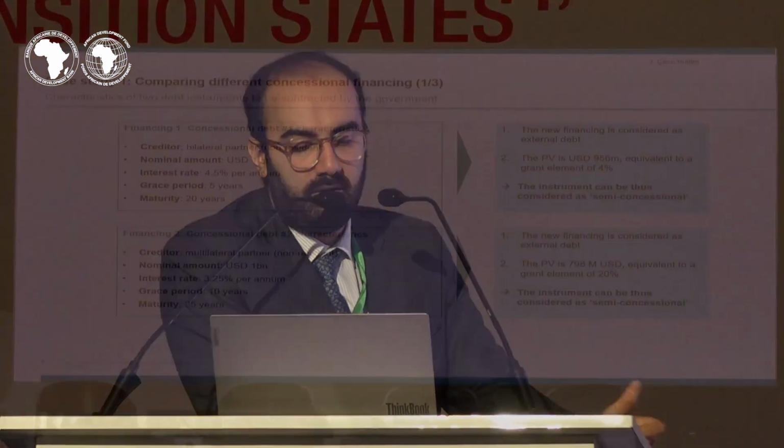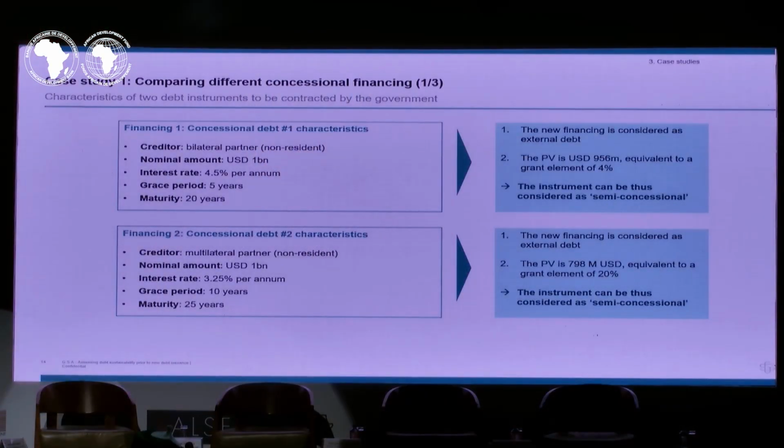The first financing is a loan offered by a bilateral partner that is non-resident, so by definition an external debt, for an amount of $1 billion, an interest rate of 4.5%, a grace period of 5 years, and a maturity of 20 years. As I was saying, this loan is considered external debt.